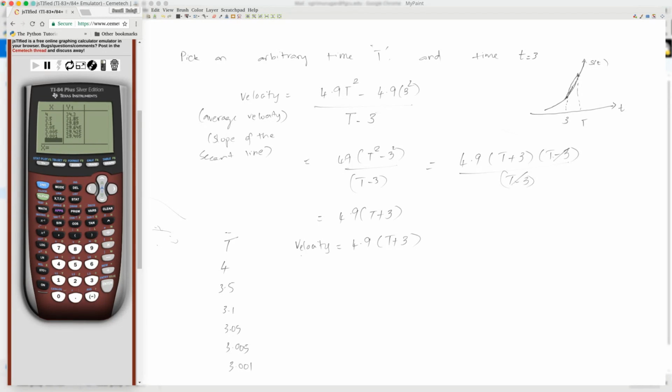and you can see I started at a value of 34.3, and I'm slowly getting closer and closer to somewhere around 29.4.